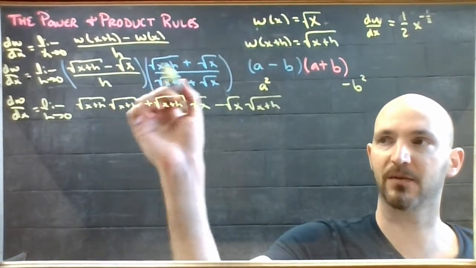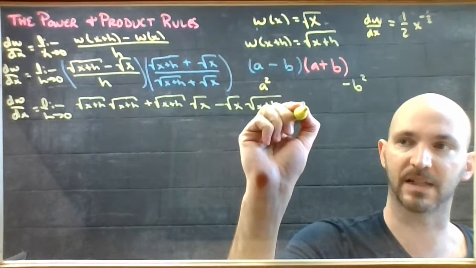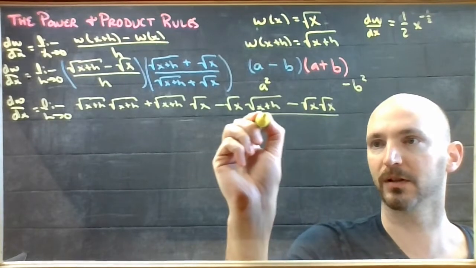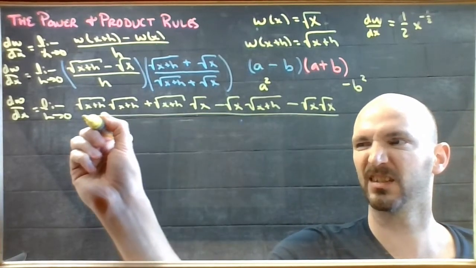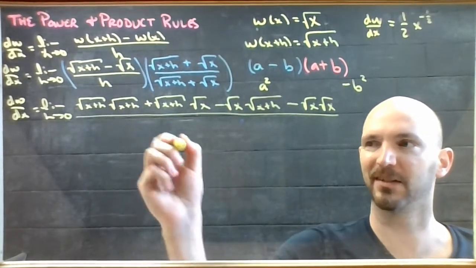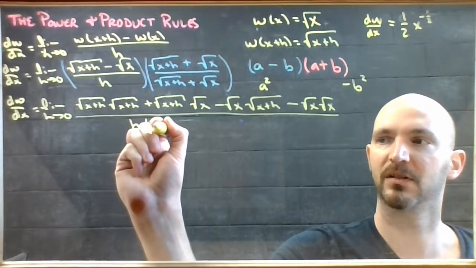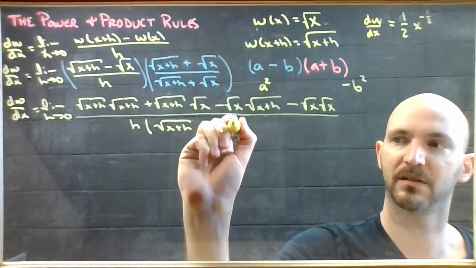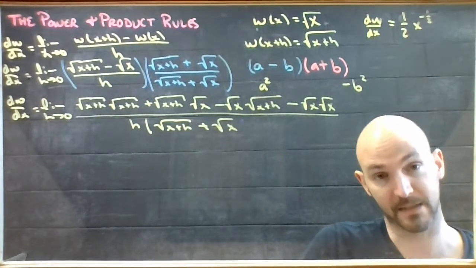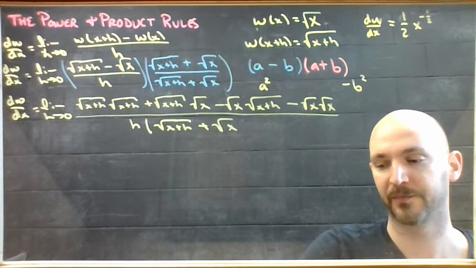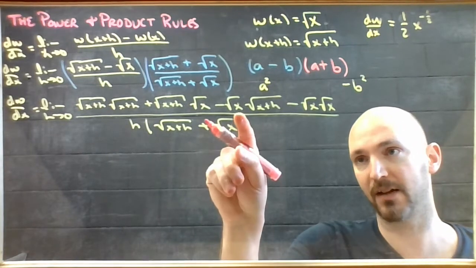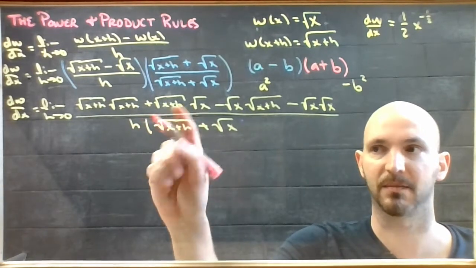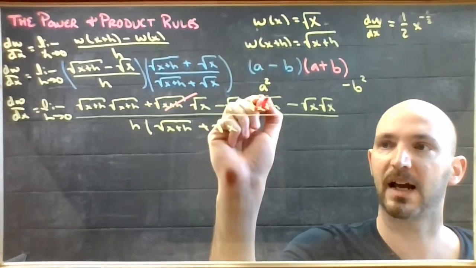And then I'd have negative root x times positive root x, which is negative root x times root x. All over h, root x plus h plus root x. Marker's getting tired. Now that is disgusting. However, as advertised, I have a negative root x times root x plus h, and a positive root x times root x plus h. These two things have eliminated each other.